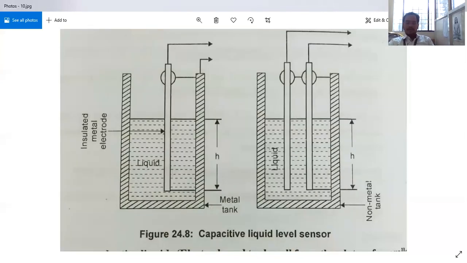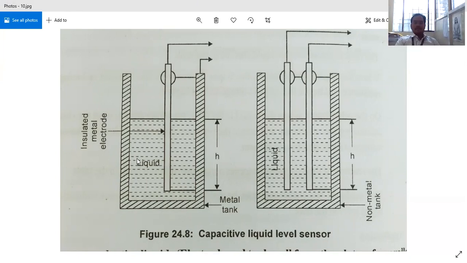The next type of electrical method to describe the level of liquid in the tank. The principle involved here is that the dielectric constant present between two capacitor plates will describe the charges, that means the capacitance.